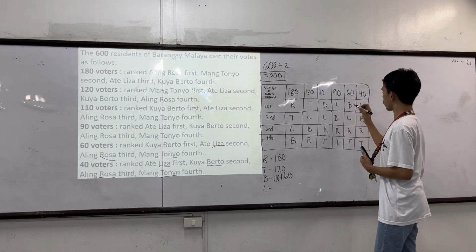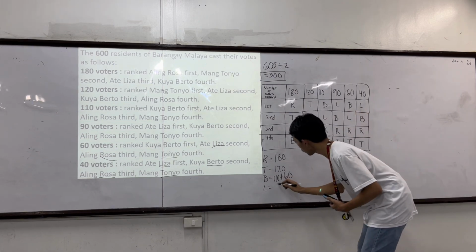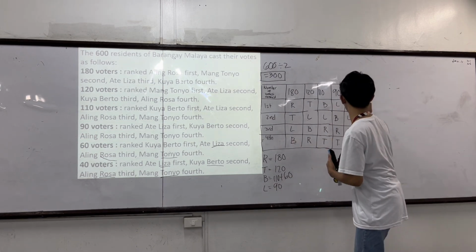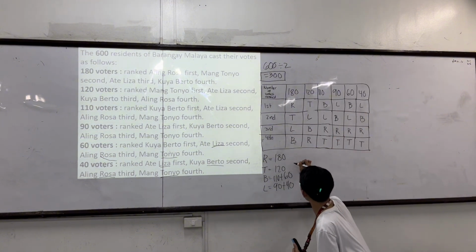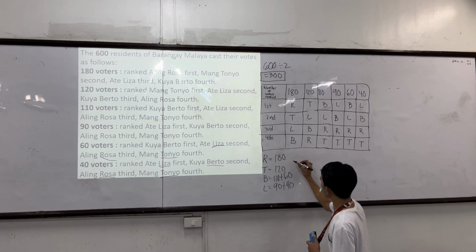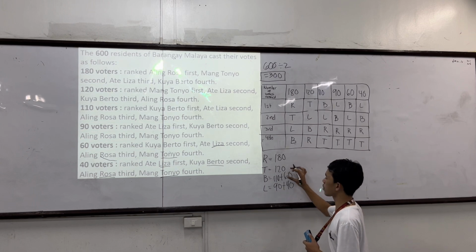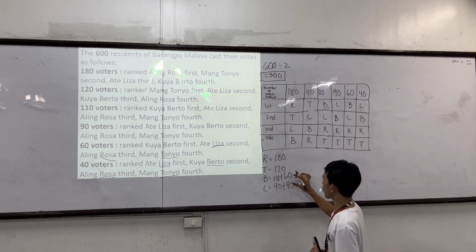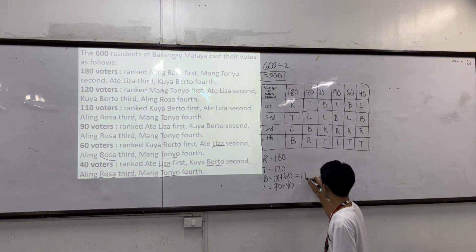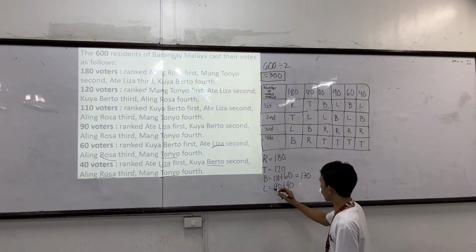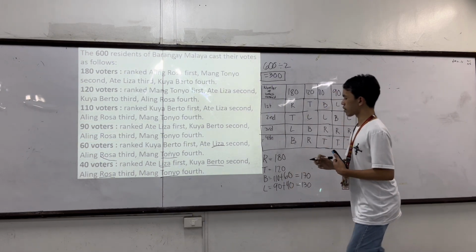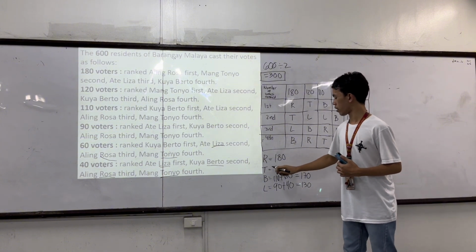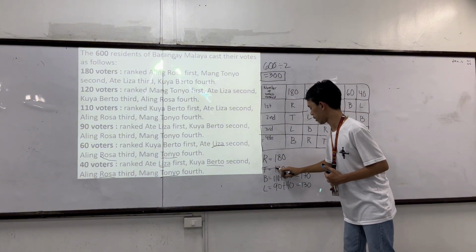Ate Liza received 90 plus 40. So the total is 180 for Aling Rosa, Mang Tonyo is 120, Kuya Berto is 170, and Ate Liza got 130 votes. So the fewest votes is Mang Tonyo.